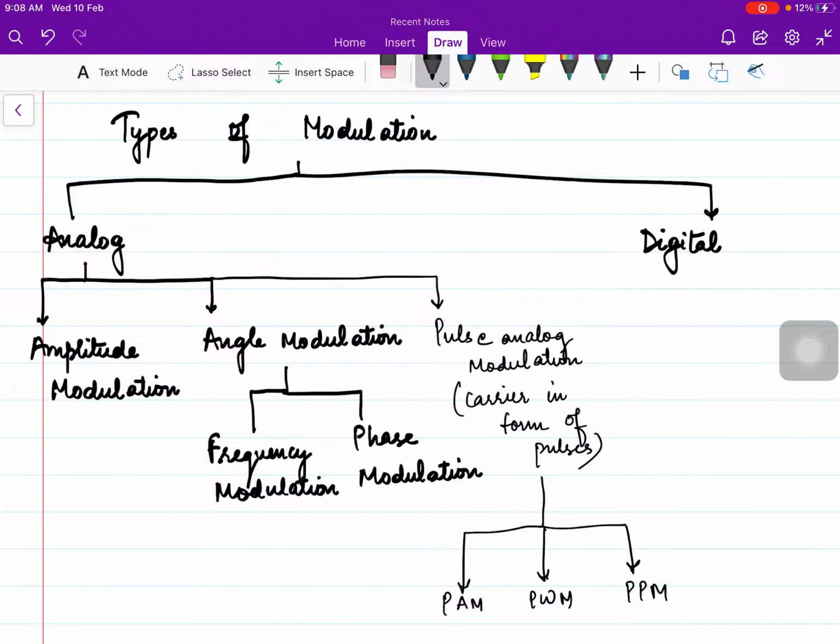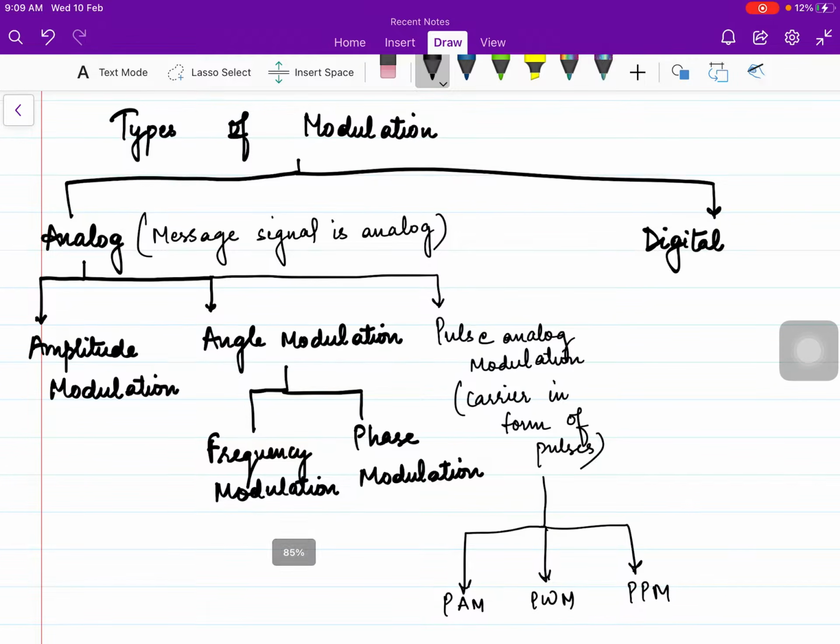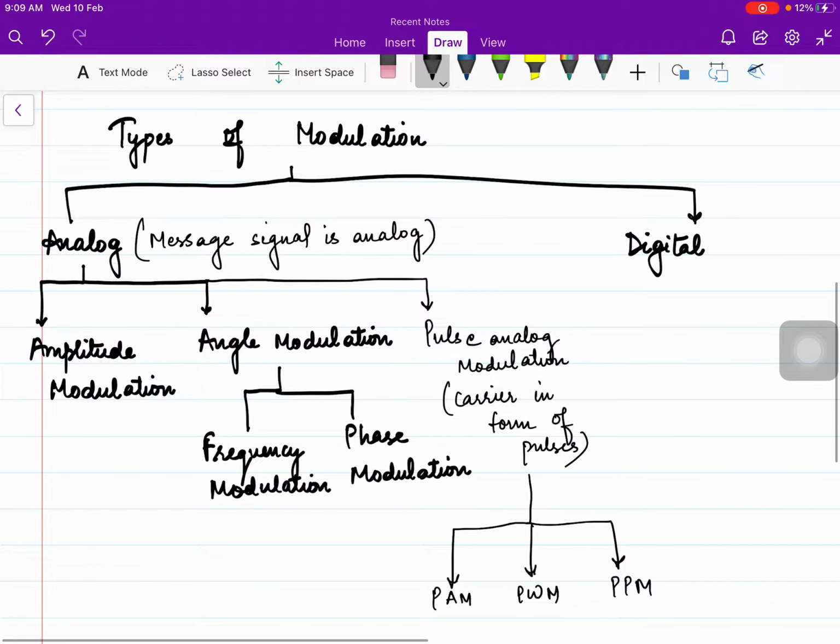So they are majorly of two types, analog and digital, depending upon whether your message signal is analog in nature or digital in nature. In the analog case, the message signal that you are going to transmit is analog in nature, and it is of these further types: amplitude modulation, angle modulation and pulse analog modulation.